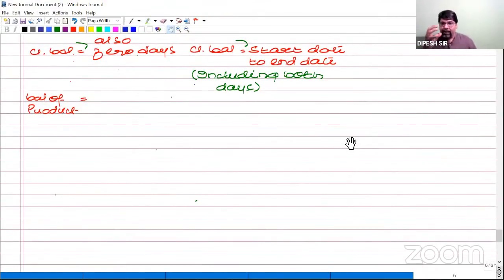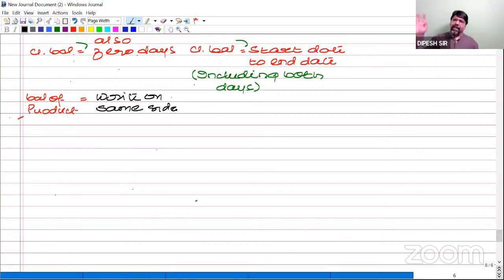Understand. Balance of product which you get, if you prepare a product column, there will be a balance of product column. Write on the opposite side. Correct? Balance of product, write on the same side. If balance of product comes on credit side, write on credit side.